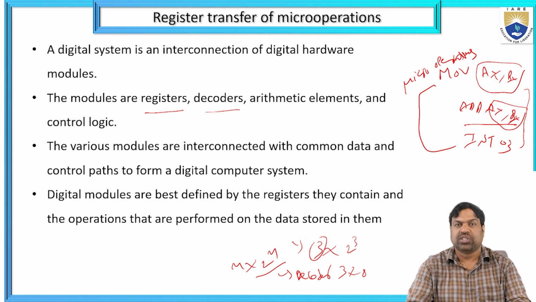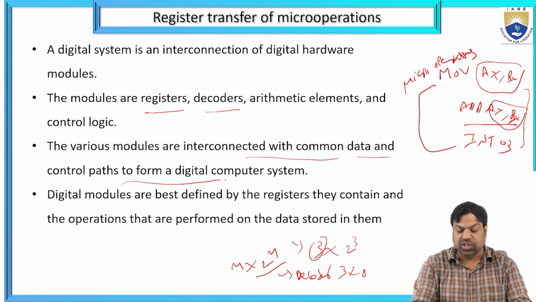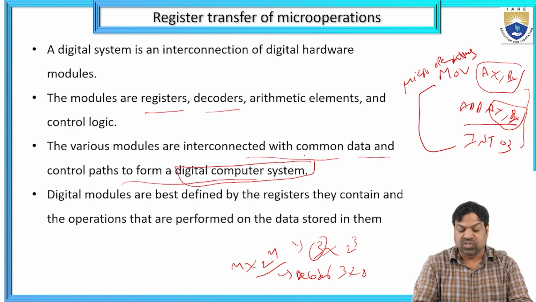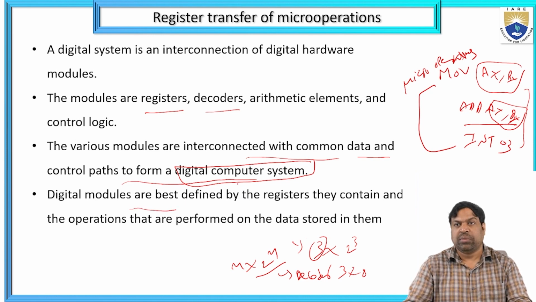In the micro operation, the various modules are interconnected with common data and control paths to form a digital computer system. These digital modules are best defined by the registers and the operations performed on the data stored in them.